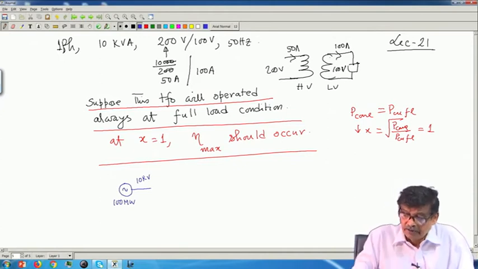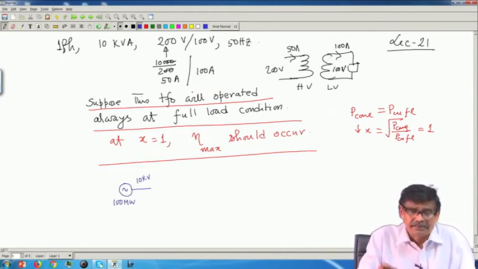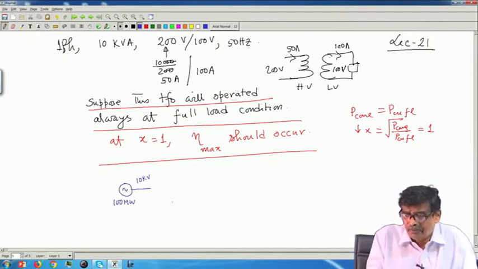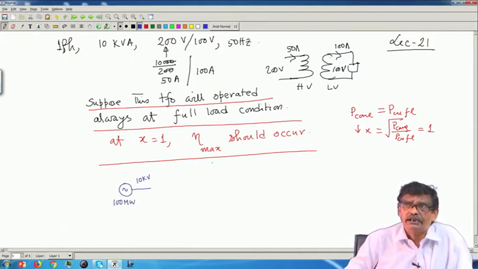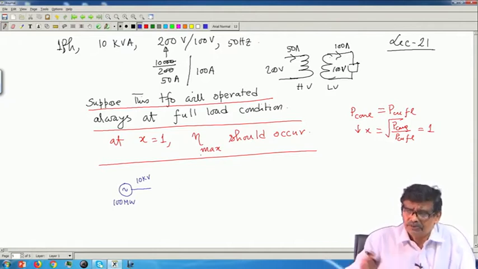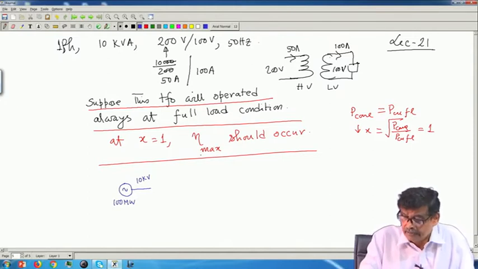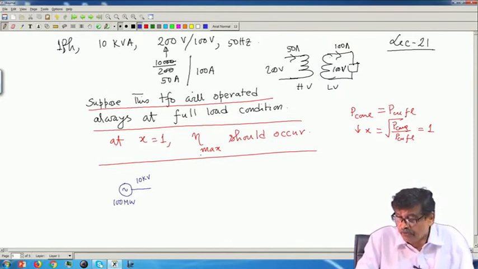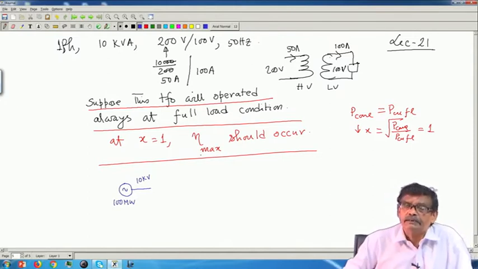Why? Because approximately this power divided by voltage gives you the current. Power factor will be there in AC circuit, assume it to be 0.8. So, this power divided by this voltage gives you some idea of the current that will be flowing through the transmission line, and a transmission line over 100 kilometers of length will have some resistance.